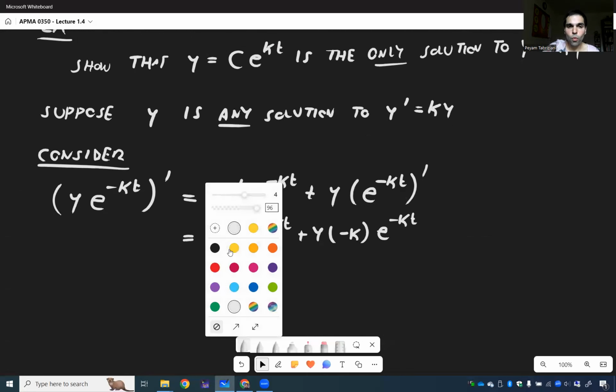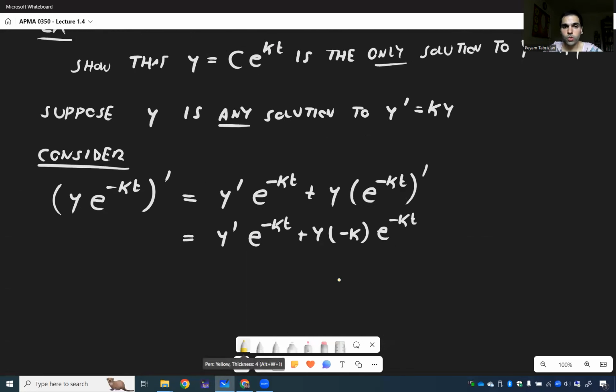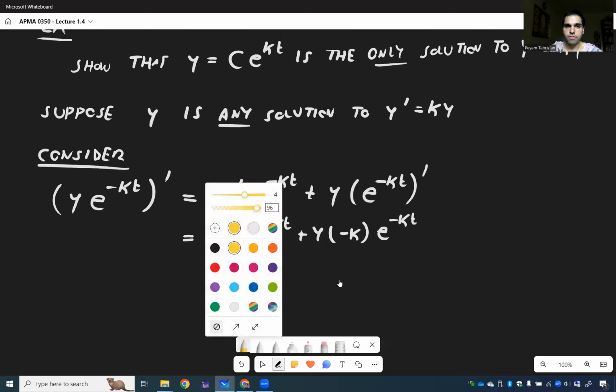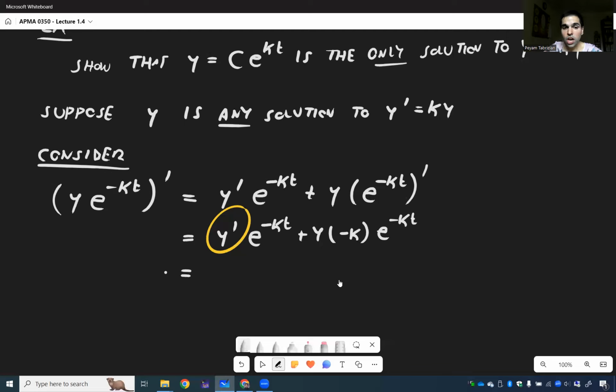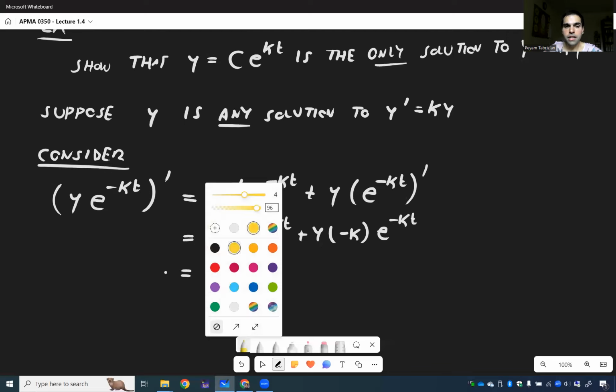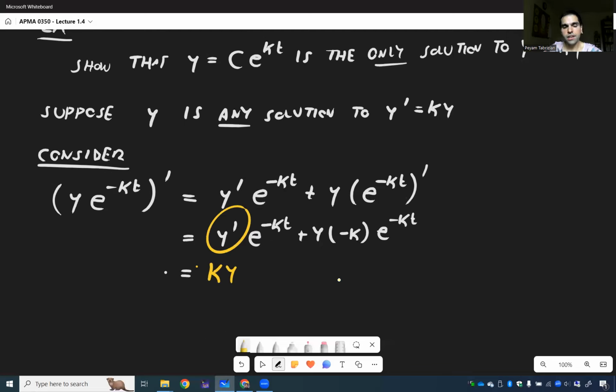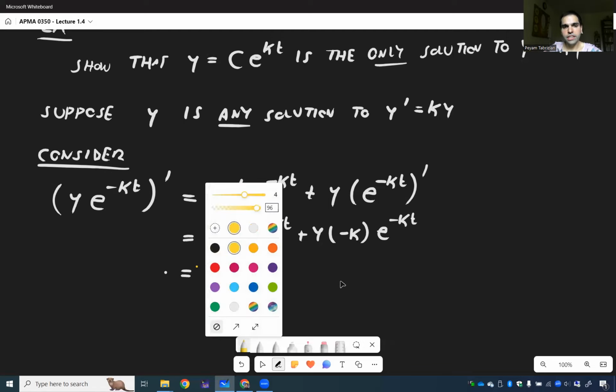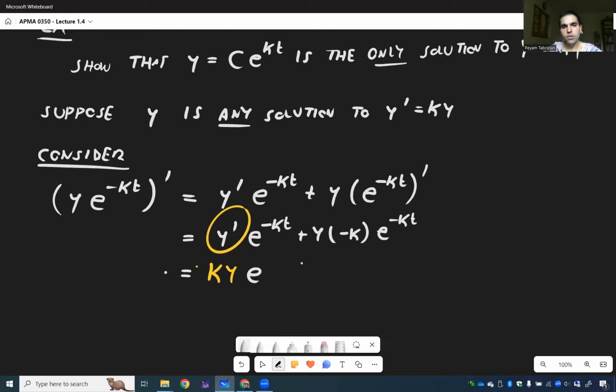But remember, y is not arbitrary. It solves the differential equation. So we know that y prime is in fact ky. So we get ky e to the minus kt, and then minus ky e to the minus kt. And this cancels out, and it turns out we get 0.